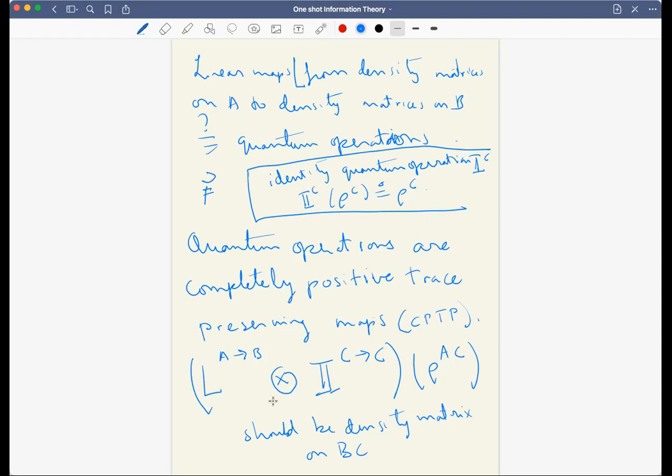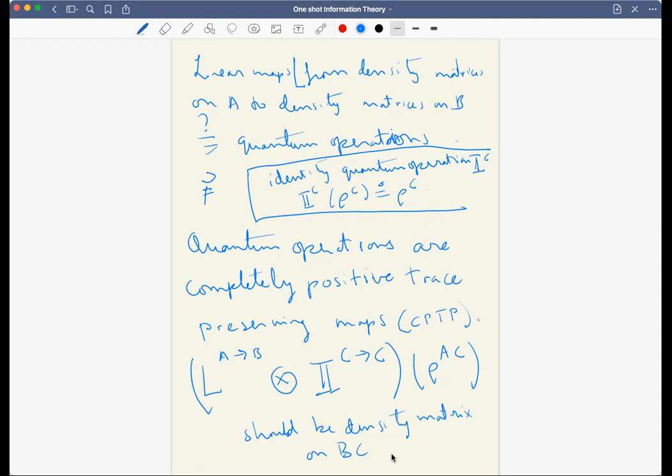And the completely comes because of this. If I have a physical process going on from A to B, and on the side there is another system C where nothing is going on, and now I start off with an entangled state, it may very well be that the system is entangled. So what I get at the output should also be a valid quantum state.